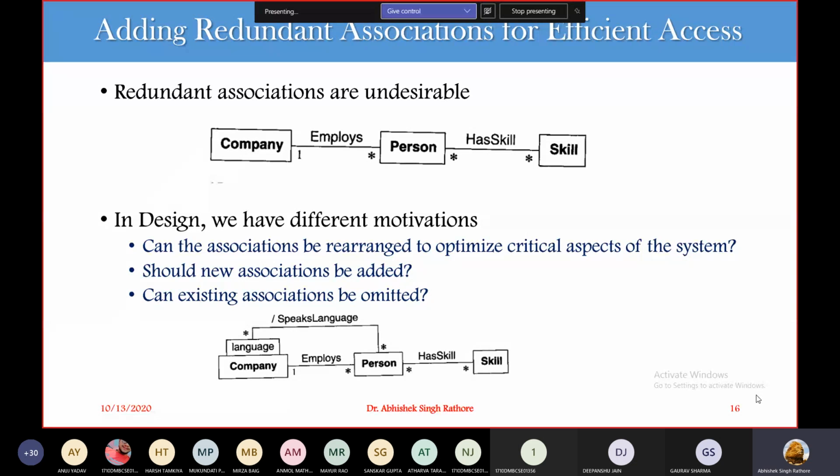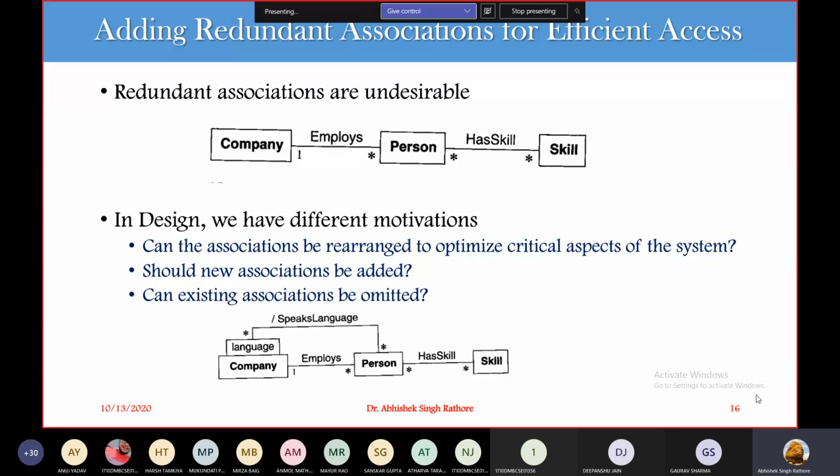What if we have different motivations associated with adding some redundant association? We can ask: can this association be rearranged to optimize the critical aspects of your system, or should a new association be added, or can an existing association be omitted?